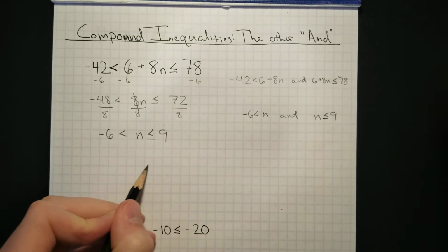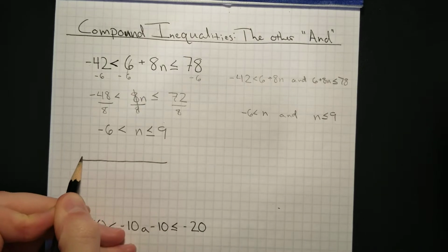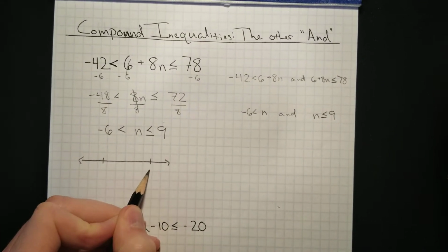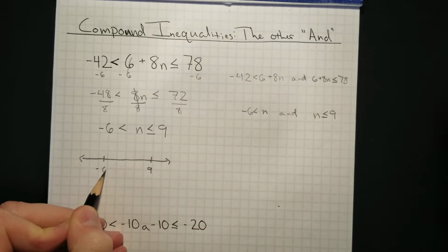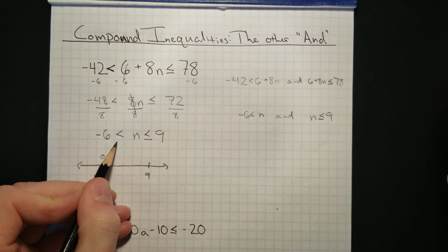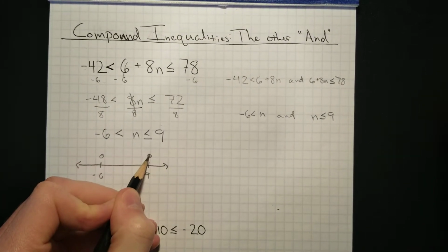Now, when we graph this, we're going to have one graph that represents the whole thing. We have a point at 9 and a point at negative 6. The point at negative 6 is going to be open because we do not have the line under that. That's not equal to. And the one over here is going to be filled in.